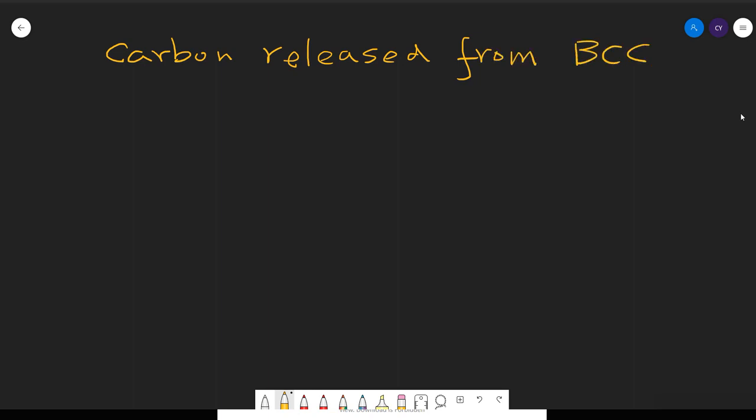When the carbon is released from the BCC structure, the carbon should combine with the iron element and become what we call a carbide.